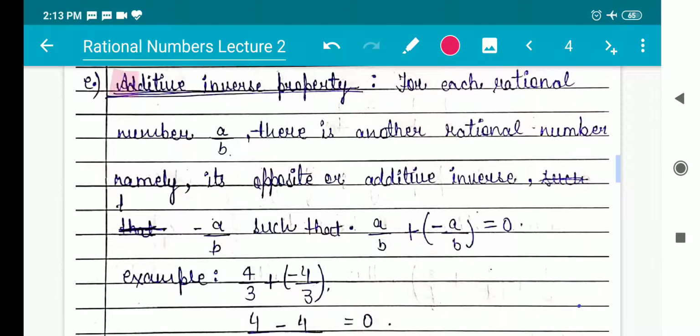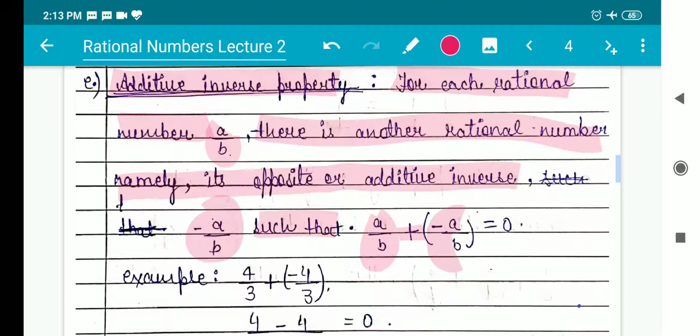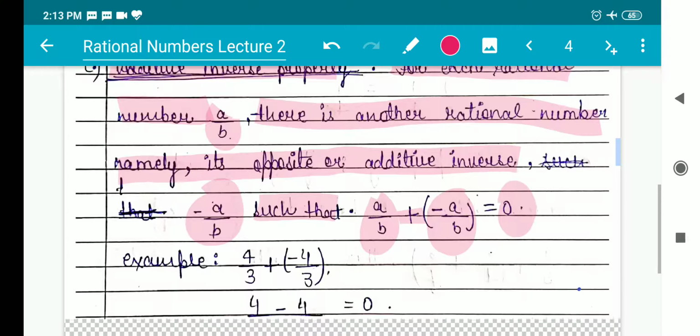Fifth one is the additive inverse property. For each and every rational number a by b, there is another rational number, namely its opposite or additive inverse, minus a by b, such that a by b plus its additive inverse, that is minus a by b, is equal to 0.